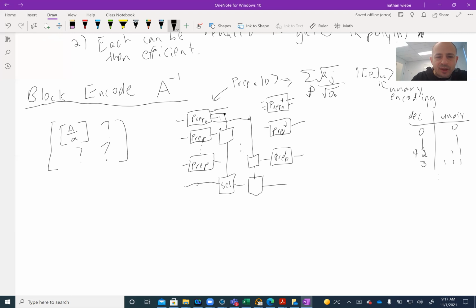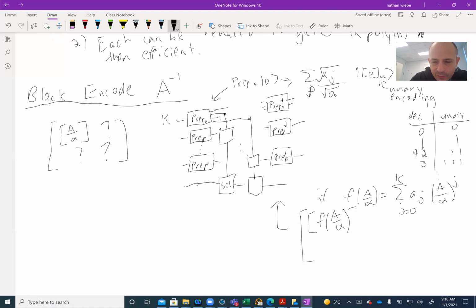Okay. And we found that if we let f of A over alpha equal the sum over j of a sub j, A over alpha to the j, j equals 0 to k, and we put k qubits up here, then this circuit in particular will create a block encoding of the form f of A over alpha inside an even larger space than the original one because of all the extra registers needed to store all the prep states, which hold the alpha coefficients for each of these matrices in here.